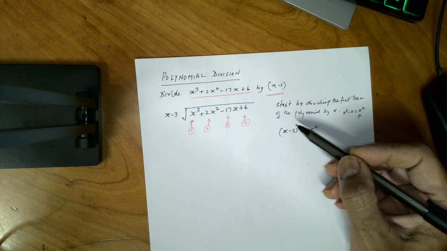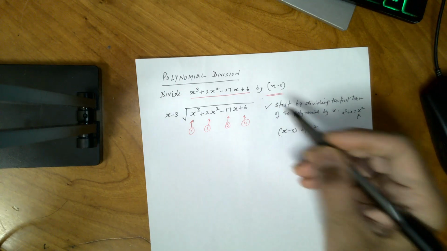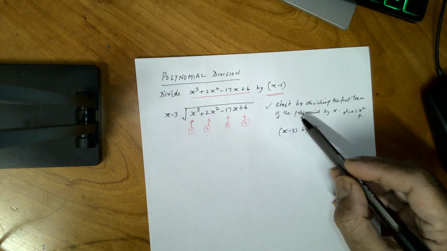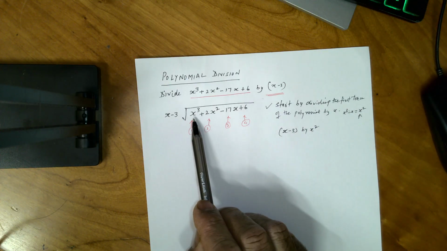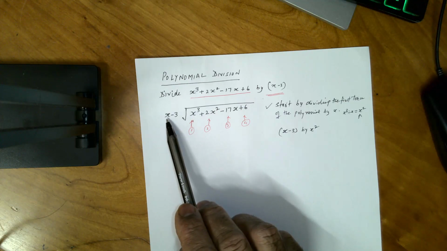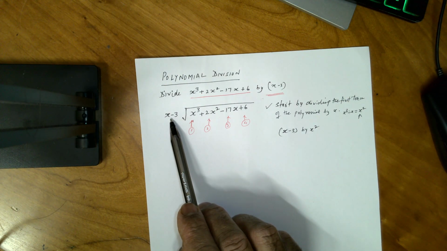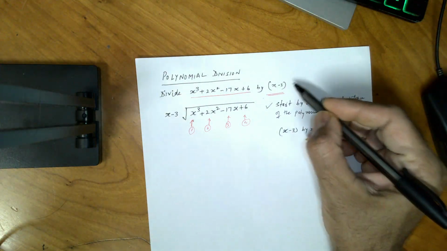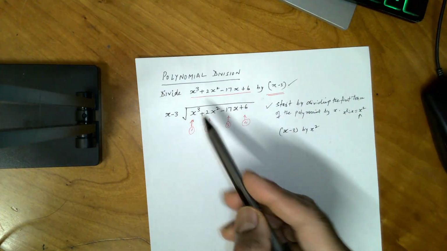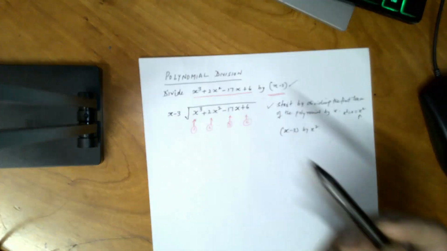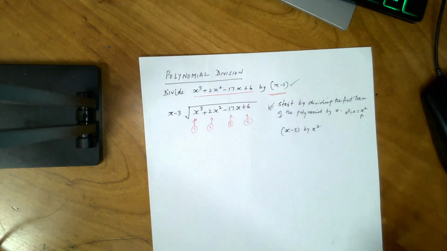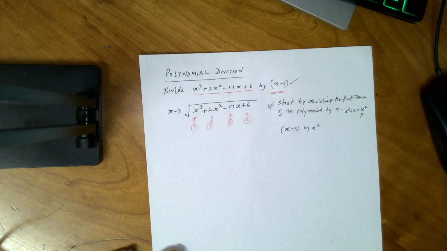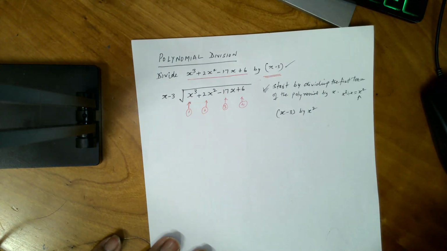If you are comfortable with the first step, where you find out what you have to divide with, it's x cubed and here is x minus 3, so you know that x minus 3 in the bracket, if you multiply with x squared, you will get x cubed. In that case, you can probably skip this part. However, I need to show you all the steps.